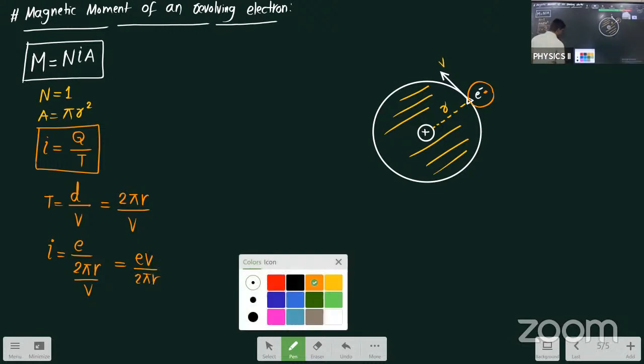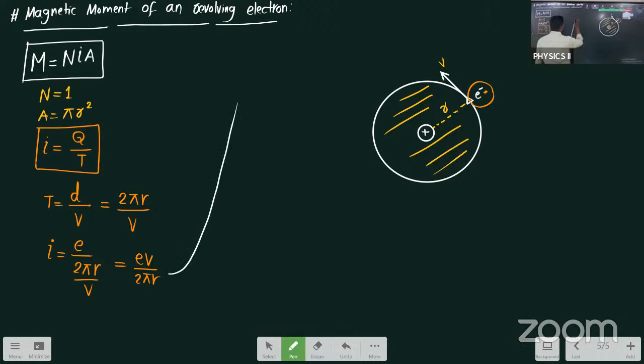So finally, the value of current is I = e v divided by 2 pi r.